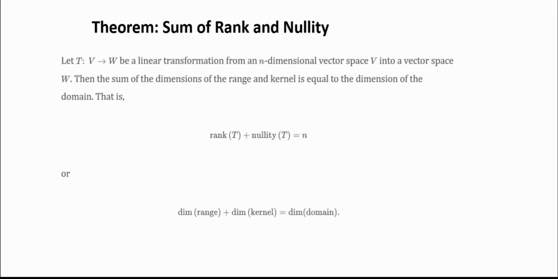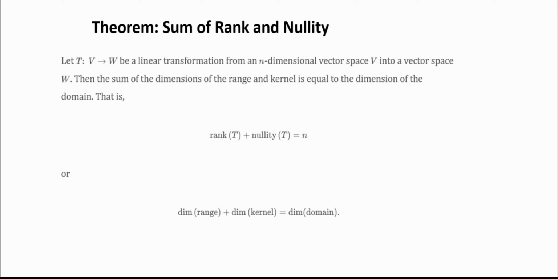The sum of rank and nullity, again, we've looked at that with respect to matrices. They just apply that same idea, and it's just a copycat now to the transformation. So T, which represents basically matrix multiplication by A: the sum of the dimensions of the range and kernel is equal to the dimension of the domain.